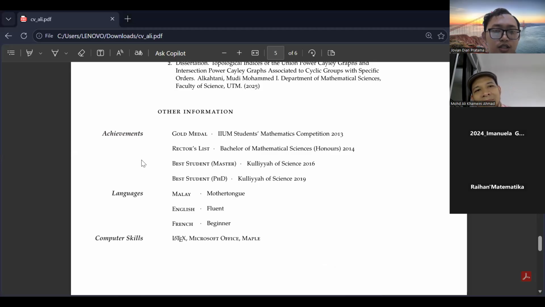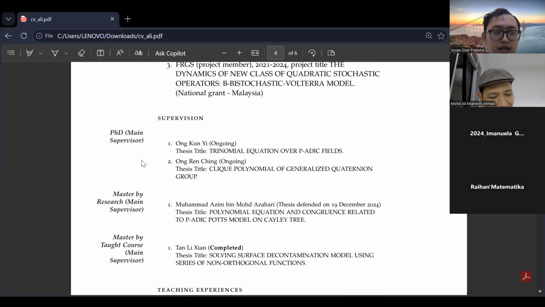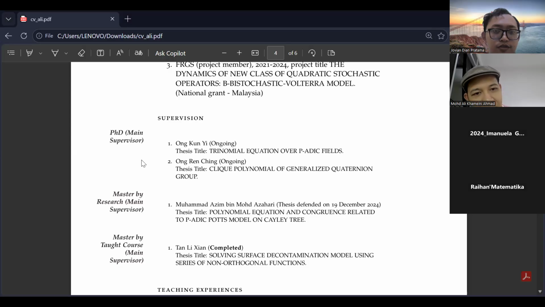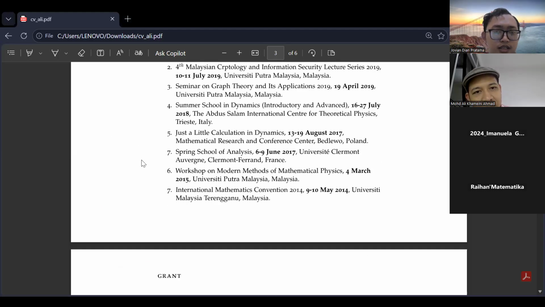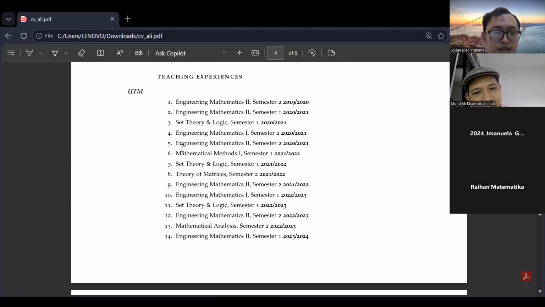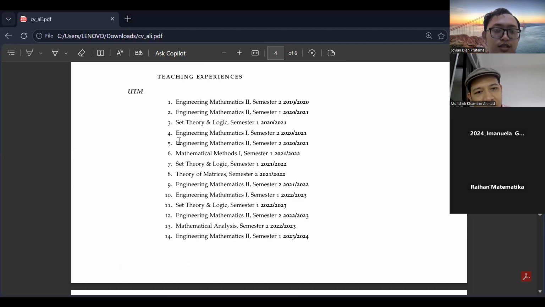He also has extensive teaching experience in courses such as calculus, engineering mathematics, mathematical analysis, set theory and logic, and theory of matrix.